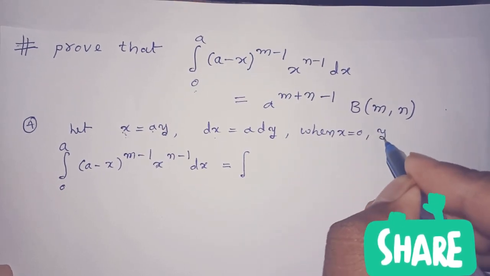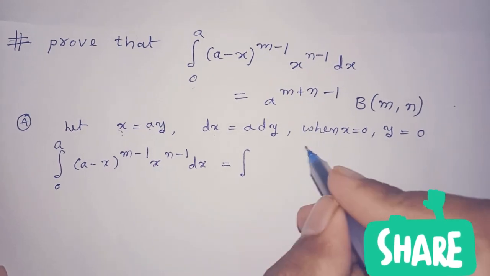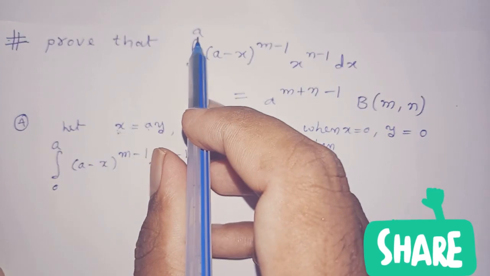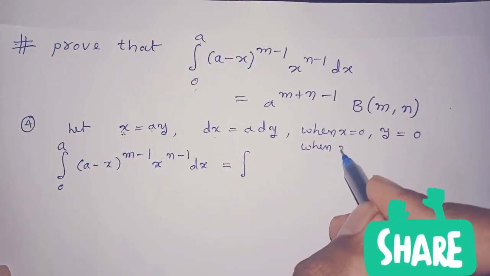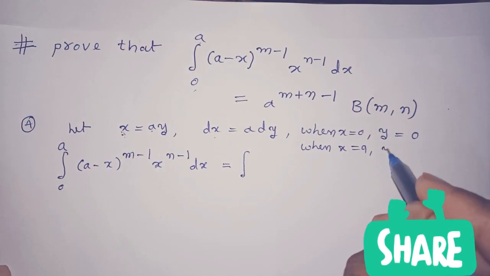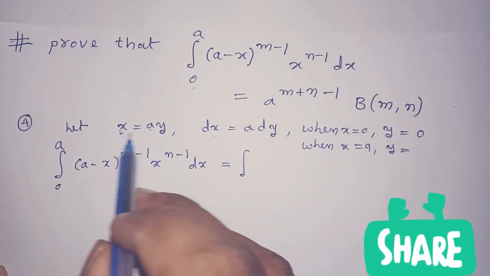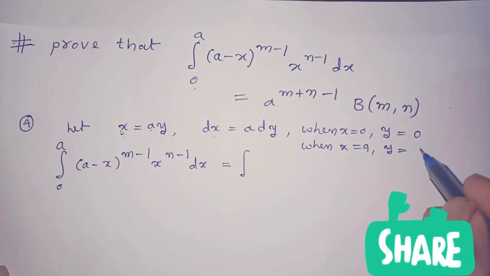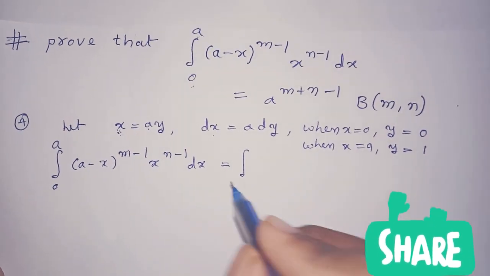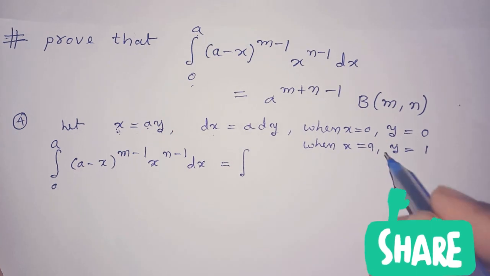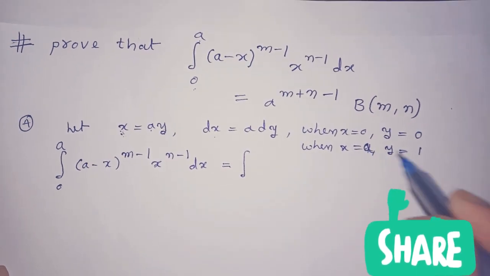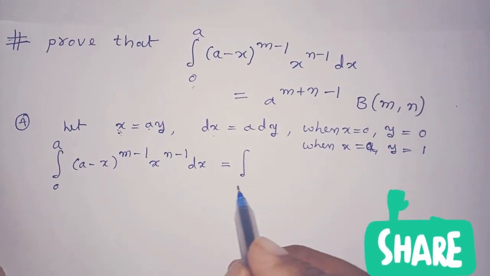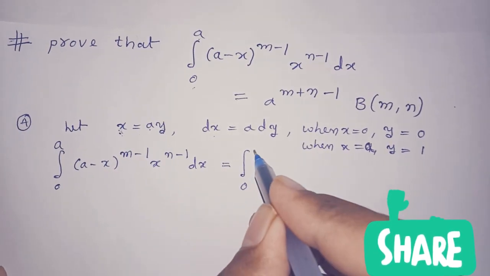Similarly, when x is equal to the upper limit a, ay is equal to a, y is equal to a by a, that is y is equal to 1. Therefore limits become 0 and 1.